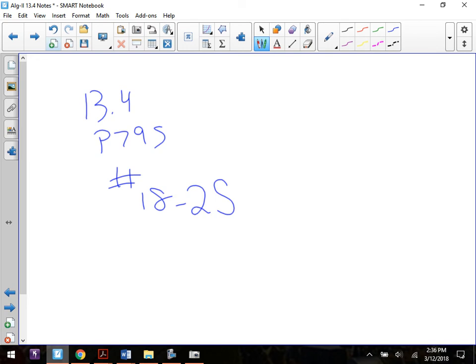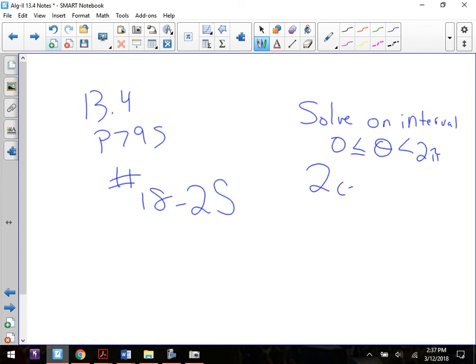We're going to solve equations, and then you'll have stuff that'll say, solve on the interval between 0 and 2 pi, where theta is greater than or equal to 0 and smaller than 2 pi. You'll see parameters like this where I'll say, hey, 2 cosine theta minus 1 equals 0. I'll ask you to solve that equation.